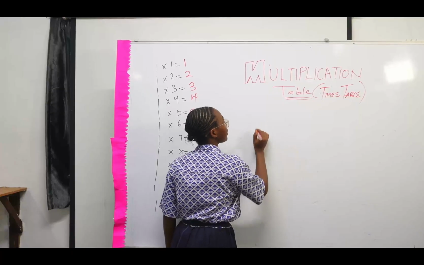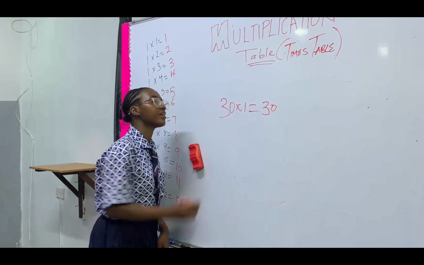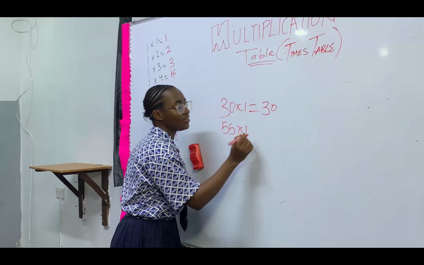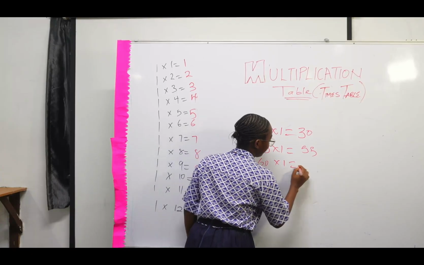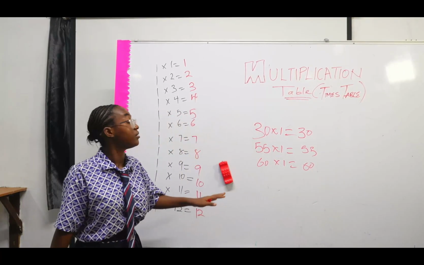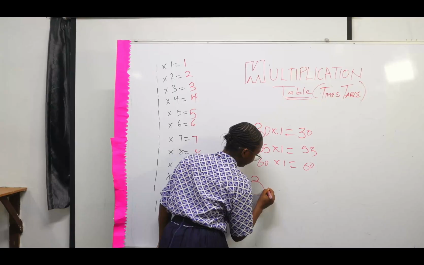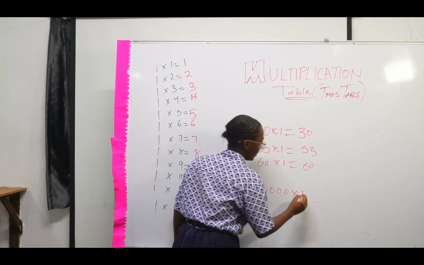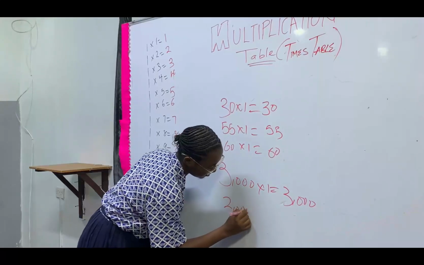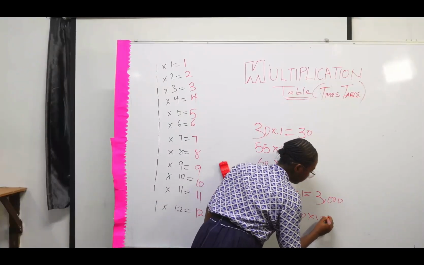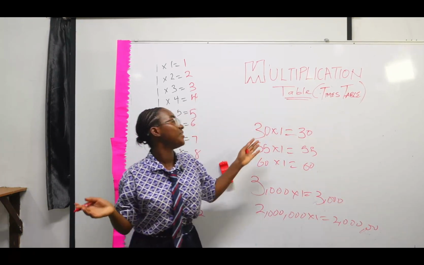So let's say thirty times one is thirty. Fifty-five times one is fifty-five. Sixty times one is also sixty. Three thousand times one is three thousand. Two million times one equals two million. Thank you. Bye.